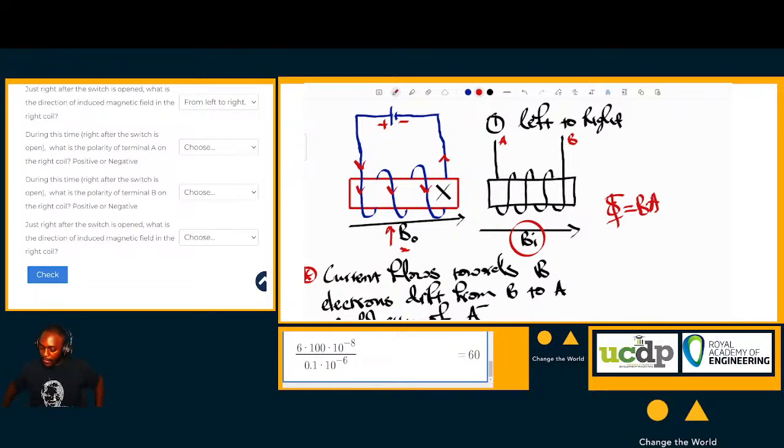So therefore, what would be the polarity of A, if I'm to ask? What would be the polarity of A?